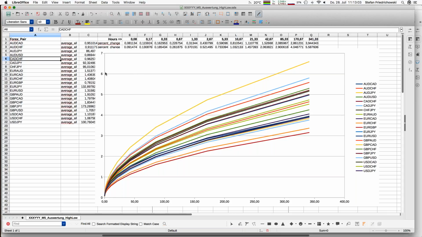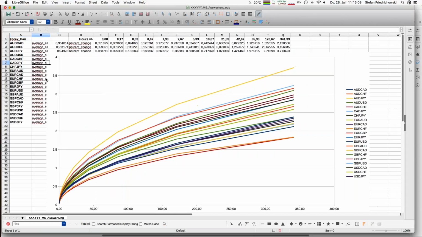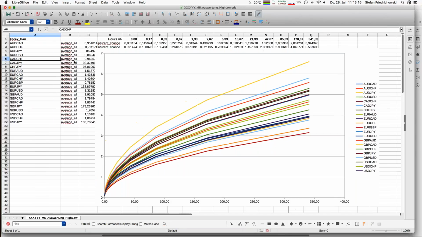But look at the scale. The scale here goes up to 7, and the other scale has been only up to 3.5 or 4. But the overall behavior, this square root-like behavior, is once again exactly the same.